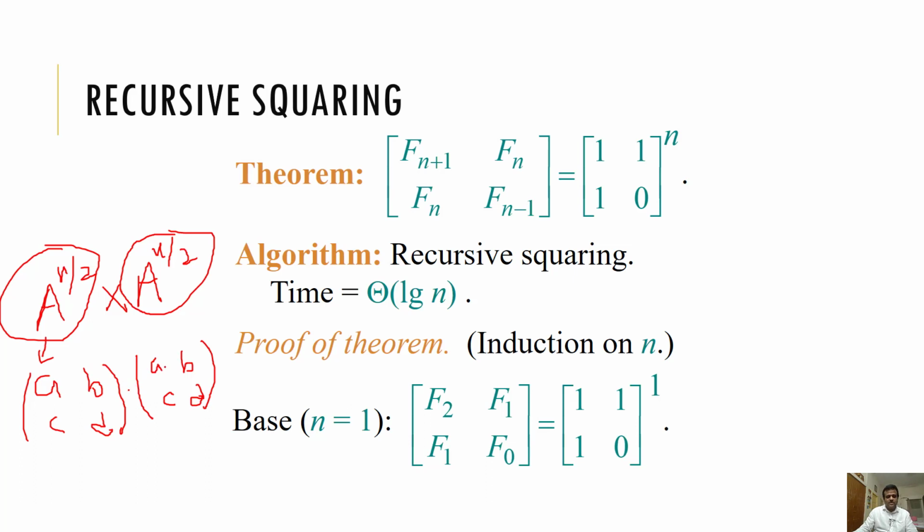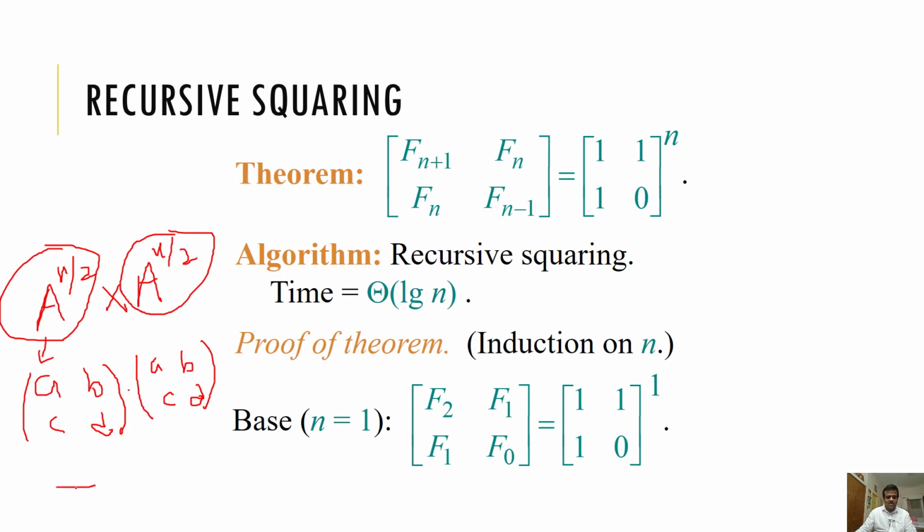This row, this column, a square plus b c will be the first element, and so on for the other rows and columns. So, eventually we have a few additions and a few multiplications of these numbers, integers especially. So, this will be constant time, theta of 1 time. That is why the divide and conquer step is theta 1.